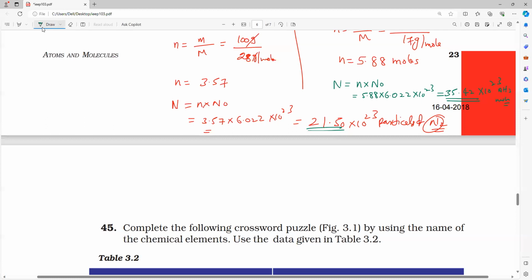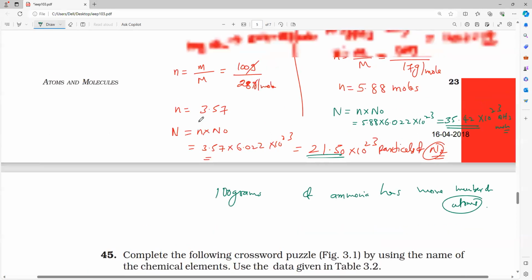Ammonia or nitrogen, everybody? Who is having greater? 100 grams of ammonia has more number of atoms. That's the answer. Solve, everyone.